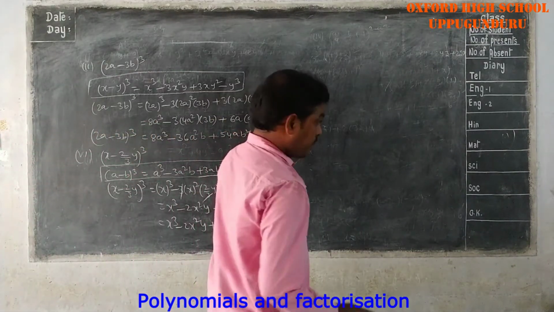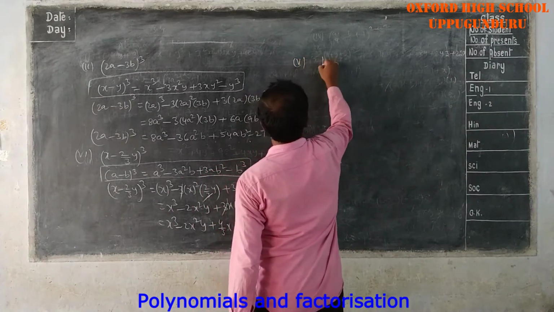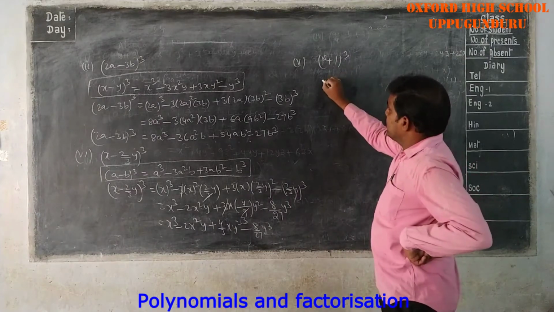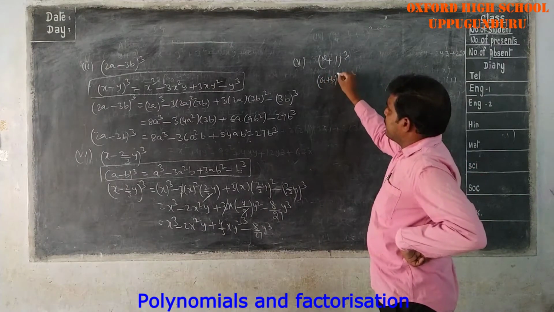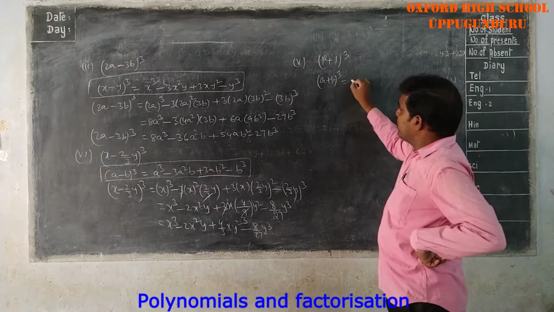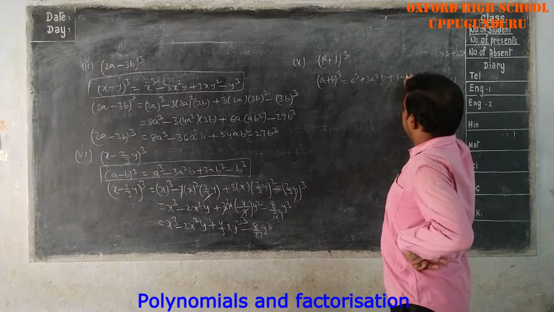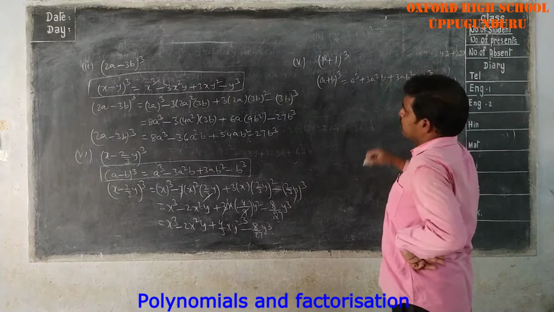Next is fifth one, p plus 1 whole cube. This you have to expand using a plus b whole cube or x plus y whole cube. What is a plus b whole cube? a cube plus 3a square b plus 3ab square plus b cube.